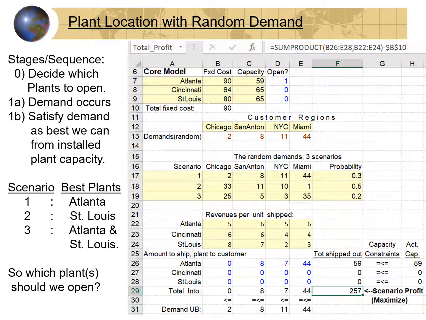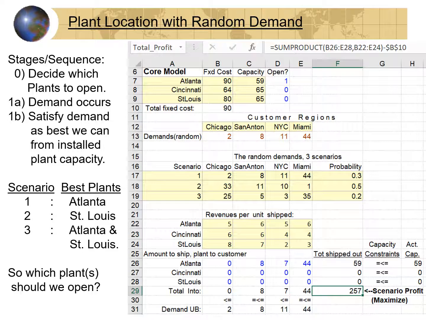So if we knew which plants were in place and their capacities, and we knew what the demands were, then we would have a so-called transportation problem. Simply, given the sources of supply, the demands that are needed, and the capacities at each supply place, what's the cheapest way of satisfying that demand? So that's the situation.